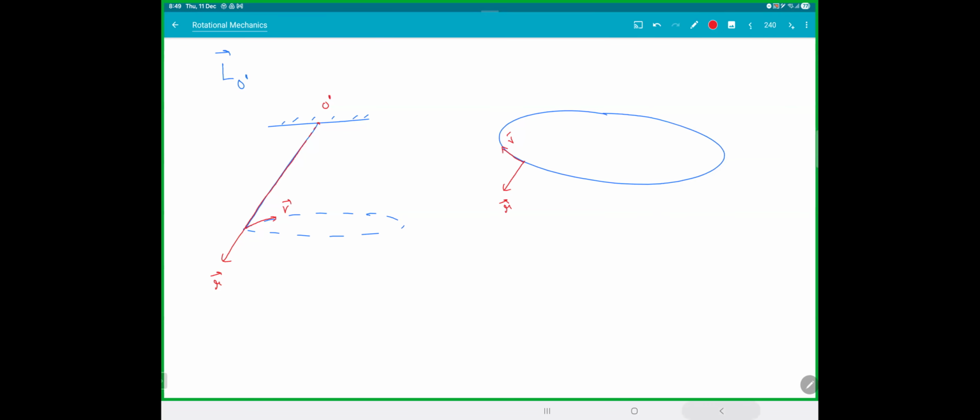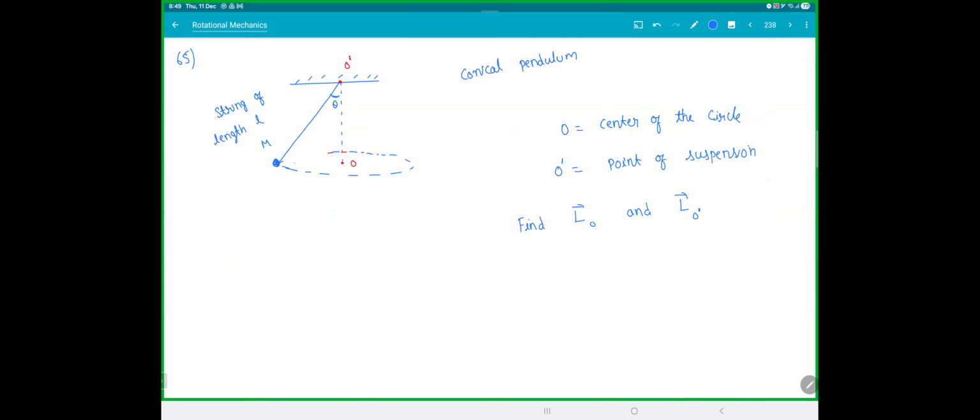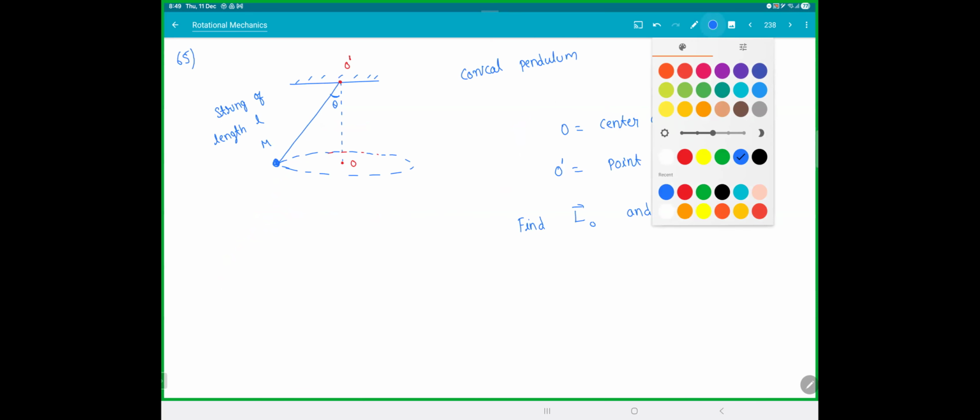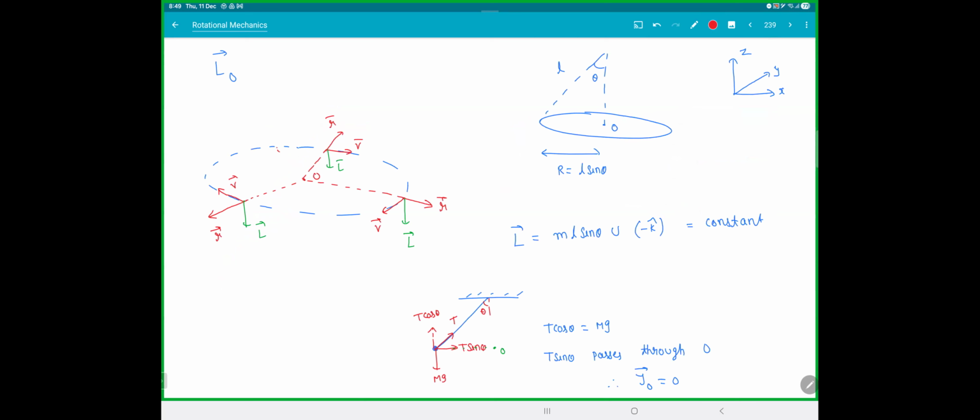I think I should have taken velocity this way. Your life would have been a little easier to see at least. Let me take velocity this way. It just makes things look more clear, at least for me to draw.